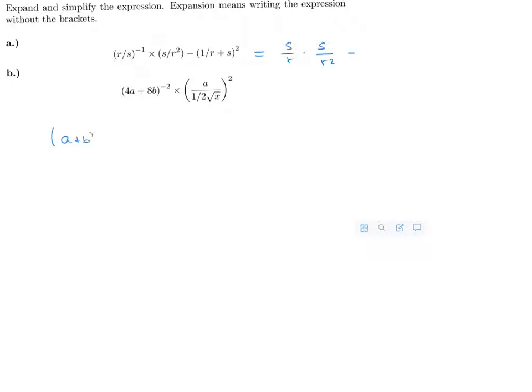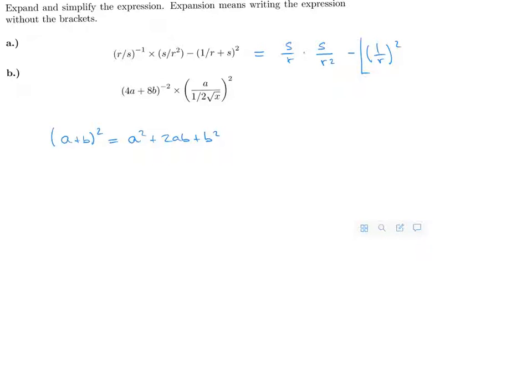when you have a plus b squared, it is a squared plus 2ab plus b squared, and a would obviously be here 1 divided by r, so we have here 1 divided by r squared.